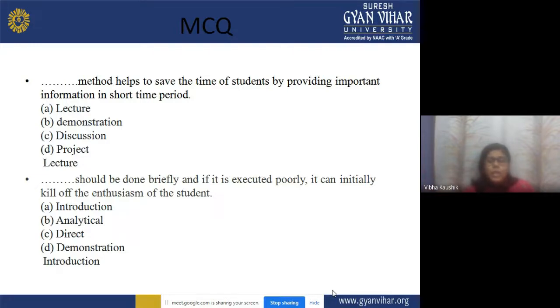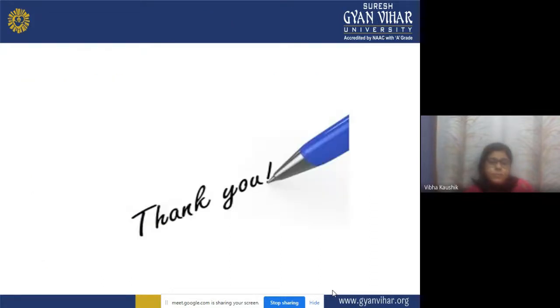Options are A. Introduction, B. Analytic, C. Direct, or D. Demonstration. Now these are the options, and now you have to select the correct answer. And the correct answer is option A, that is introduction. Means introduction should be done in a brief manner, and it should be done in such a way that it develops the interest of the learners in that particular concept.